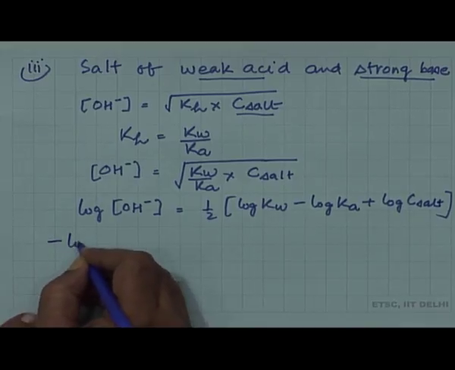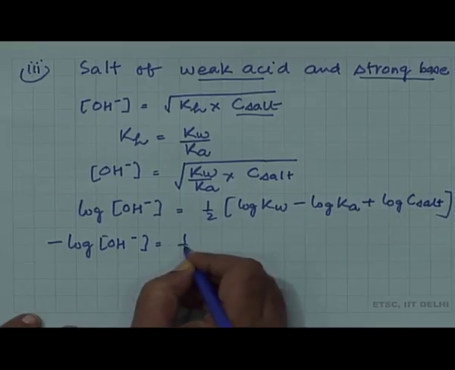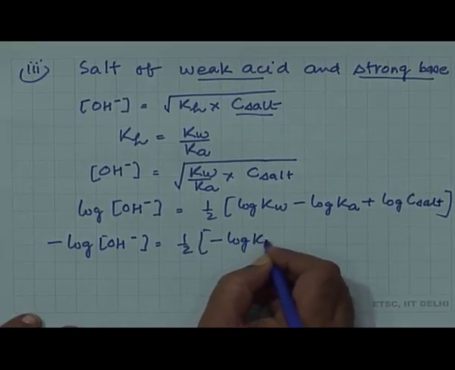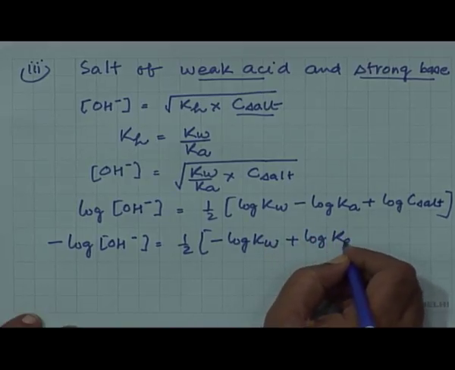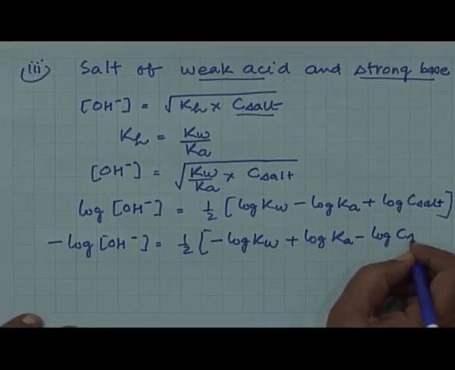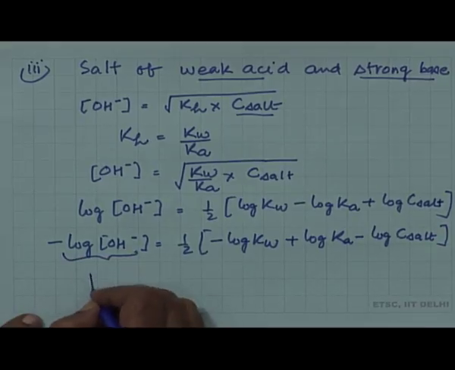Let us take the minus sign on both sides: this will be half, minus log Kw, plus log Ka, minus log C salt, and we know that the left side is equal to pOH.